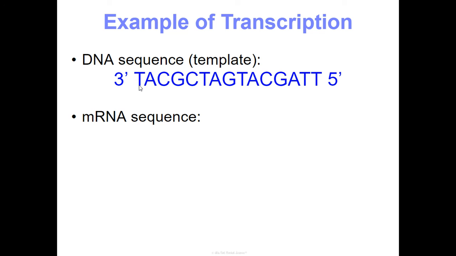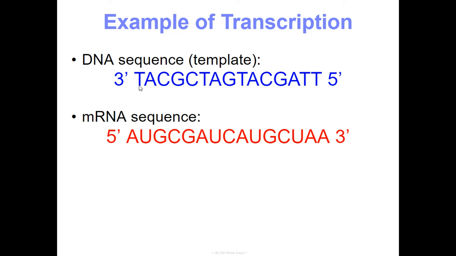Now at this point, you should have paused the video. So now I will show you what your answer should have looked like. This is what your mRNA sequence should have been. If we have a T in DNA, that means in the mRNA sequence, we will have an A, adenine. If we had an A, adenine in DNA, then in our RNA sequence, a uracil, U, will be added.